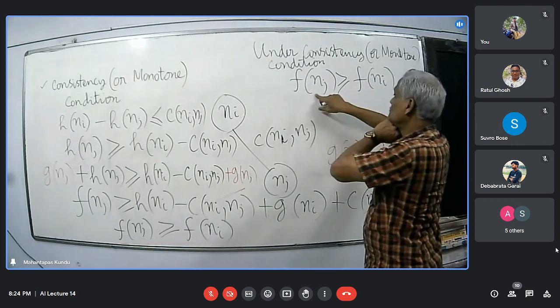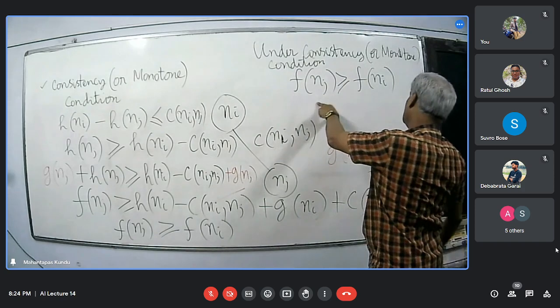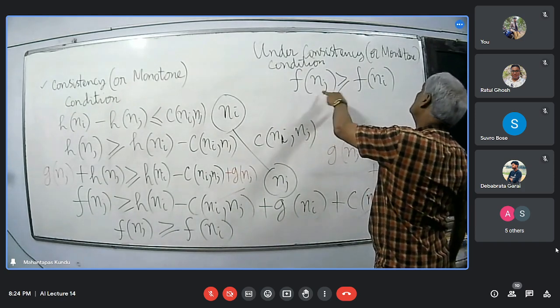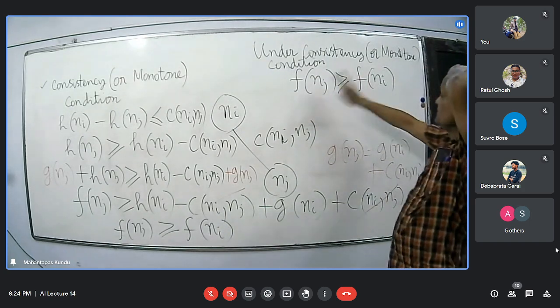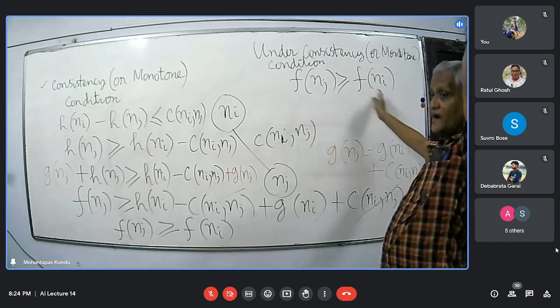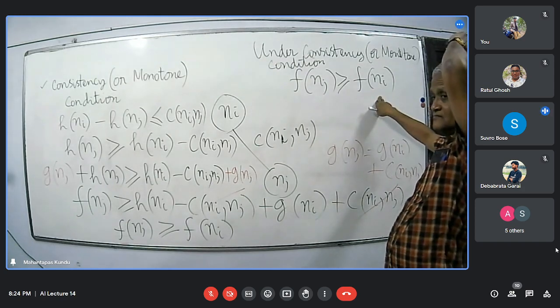What is the significance? The f values of all these predecessors will be non-decreasing compared to their successors, that is, greater than or equal to.